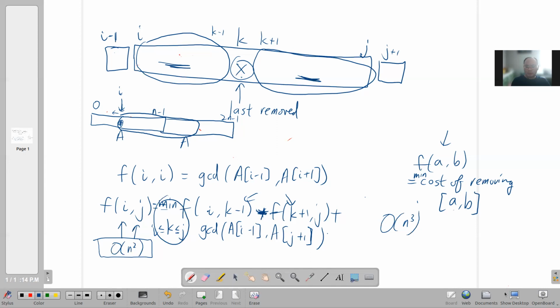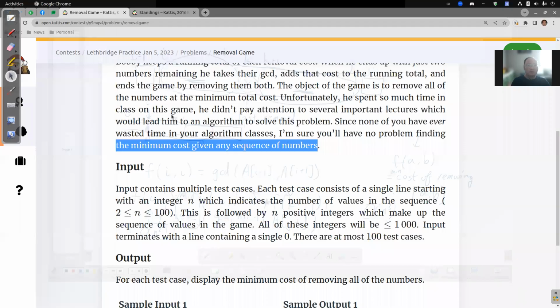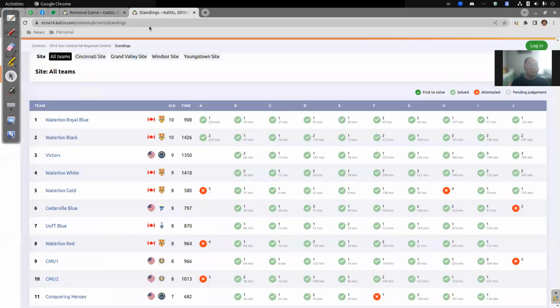Okay, so I think that's all I want to say for these three problems. And as I said, there are two other problems, A and J, which are not solved by many teams. You can look at it. A is a geometry problem combined with a graph, and the graph processing is not necessarily that trivial.